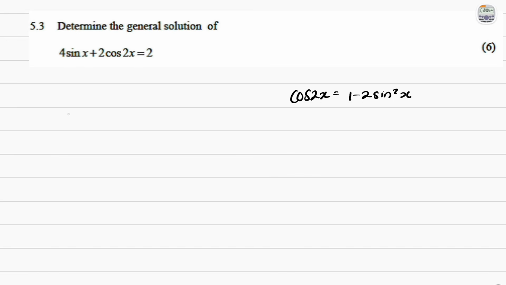So that's what I'm going to do. I'm going to go ahead and just change that. So we have 4 sine x, and this is plus 2, but I'm going to change this to 1 minus 2 sine squared x. And so we have is equal to 2, but I'm just going to transpose. Well, it's fine, leave it here because I can see this is going to become negative. So I'll just pull everything over to the right-hand side.